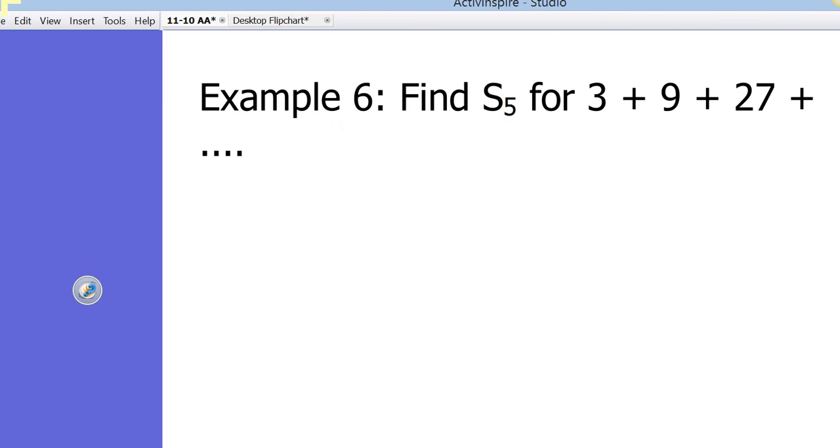Next example, find S of 5 for 3, 9, 27. How many terms do I need? How many do I have? So I need 2 more. What are they? 81 and 243. Very good.